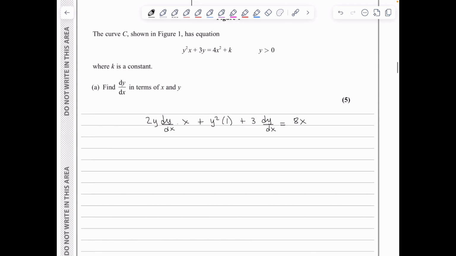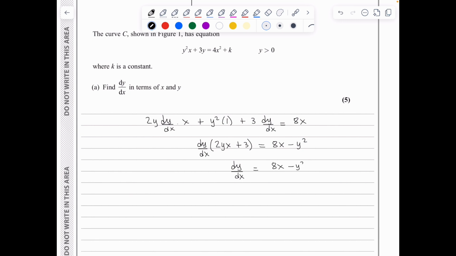So I've got dy/dx on the left hand side as a common factor. We've got (2yx + 3) dy/dx is equal to 8x, and the y squared will be moved to the right hand side, so minus y squared, which means dy/dx is equal to (8x - y squared) over (2yx + 3).